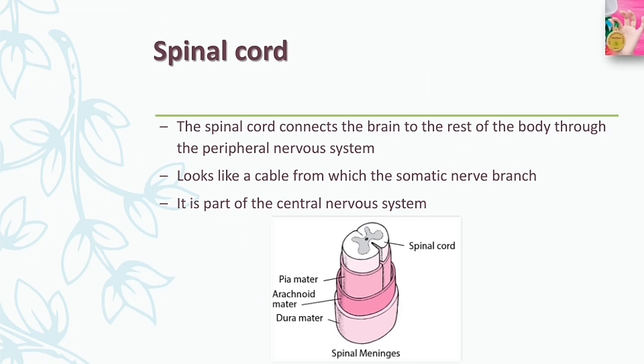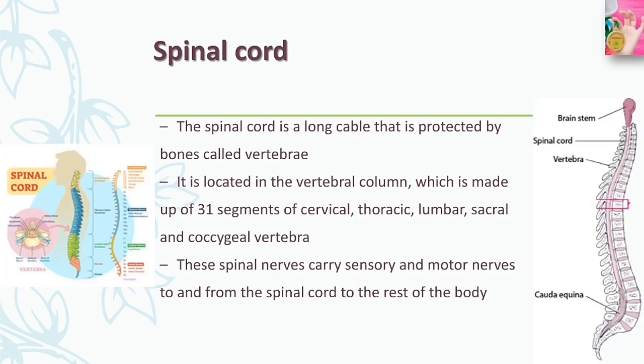Although it looks like a cable from which the somatic nerves branch, it is a part of the central nervous system. It is the main path for information from the body to the brain and vice versa. The peripheral nervous system consists of the nerves which pass information to and from the brain.